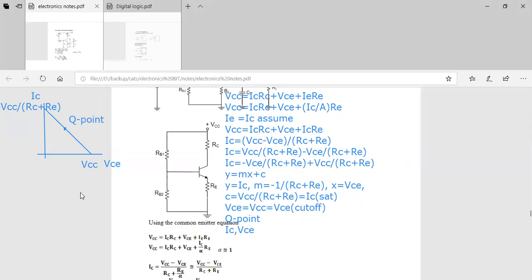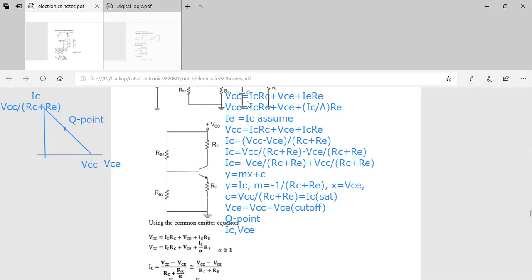So those are the most important concepts you discuss when dealing with the DC load line: the y-intercept, the x-intercept, the Q point, which is the operating point, and then you get your line.